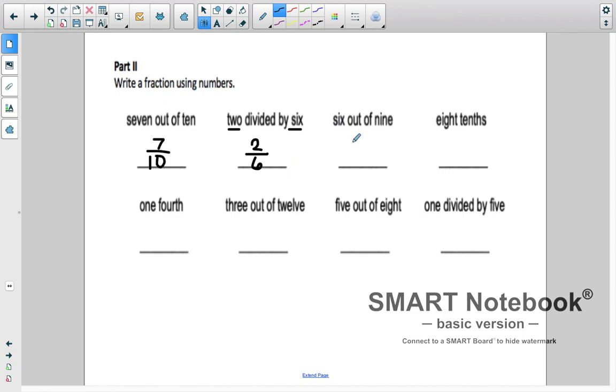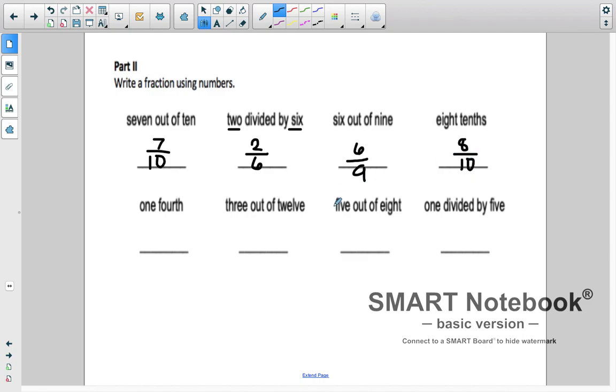Next one says 6 out of 9. This is very similar to the first one that we did, 7 out of 10. So remember, the first number is the first number it mentioned, 6 out of how many pieces? 9. The next one should be a little bit easier because it was written in word form, just like in the first part. It says 8/10.